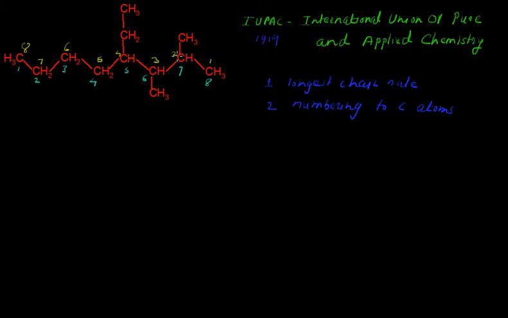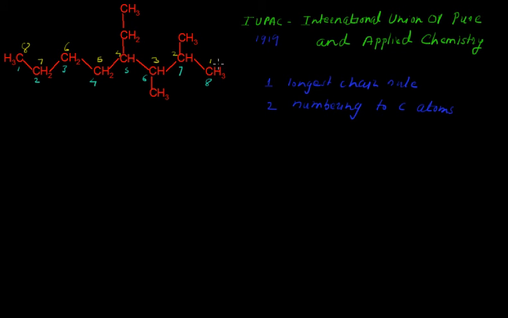Now here we have a substituent like a methyl group. This is also a methyl group and an ethyl group. As per the lower numbering system, this ethyl group is coming at position number 5 and these methyls are at 6 and 7.